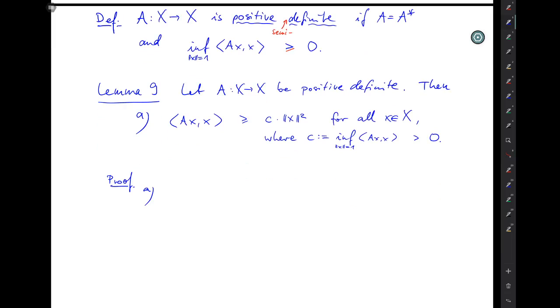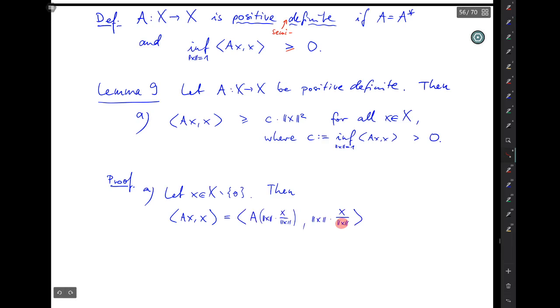So if x is not the null vector, then you can just follow the simple computation here. You just rewrite x as follows. You just divide by norm x and then you multiply by norm x, and the same here.